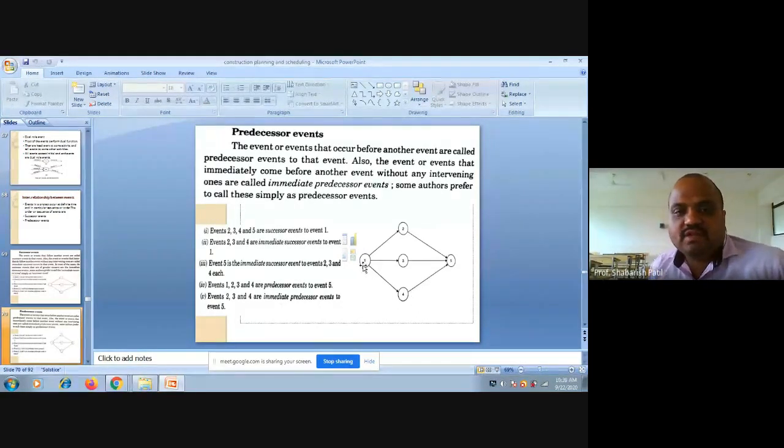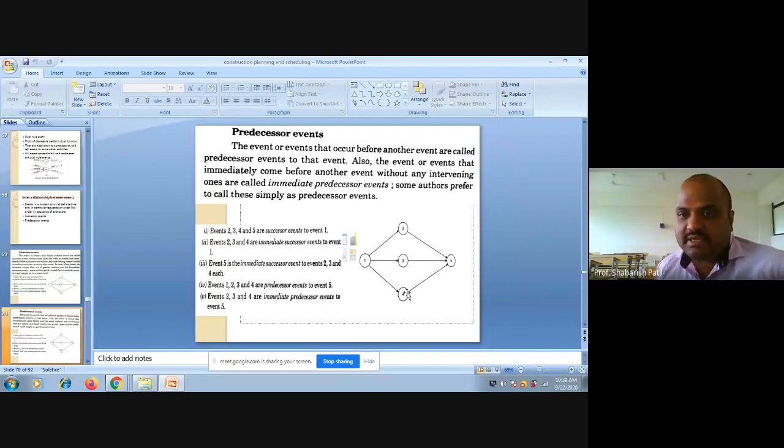So, event 1 is called a predecessor event here. Or else, I will start with event 5. Event 5 has 4 events as predecessor events. Which are they? 1, 2, 3, 4. Because they are occurring before the event 5.